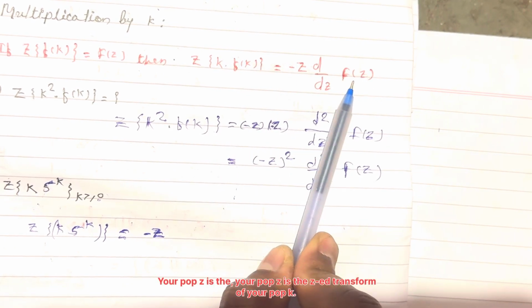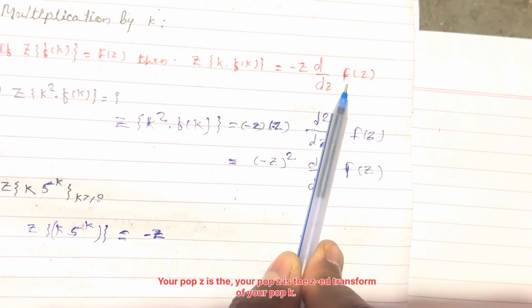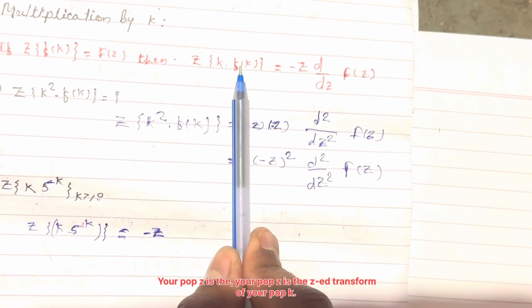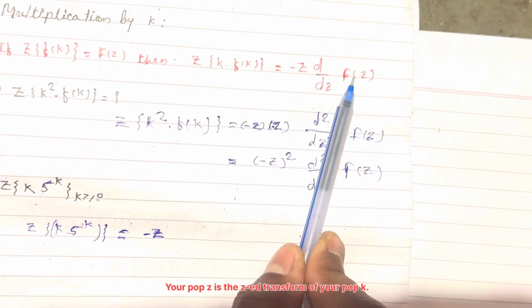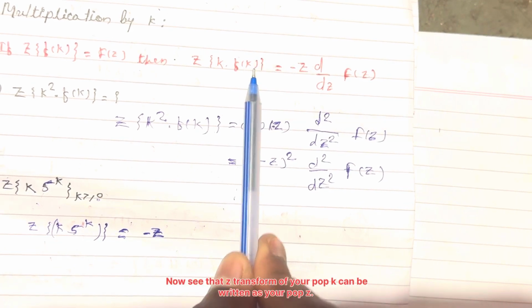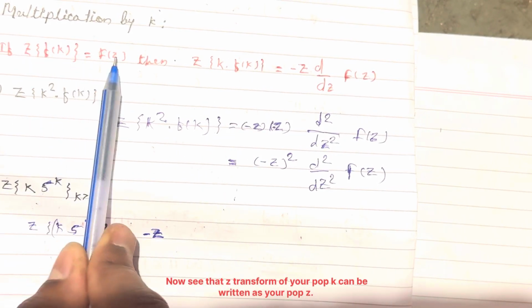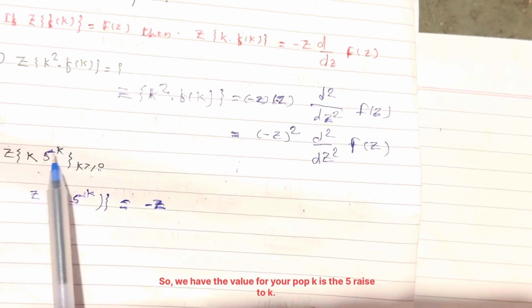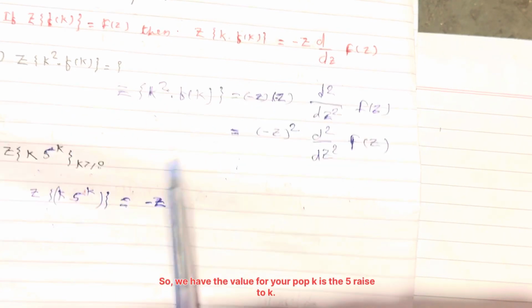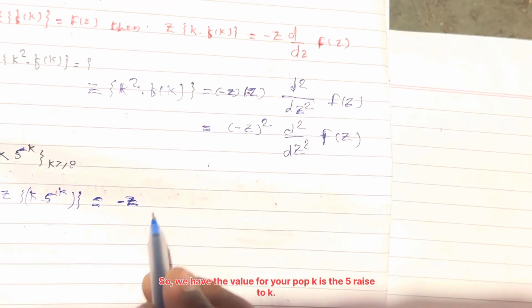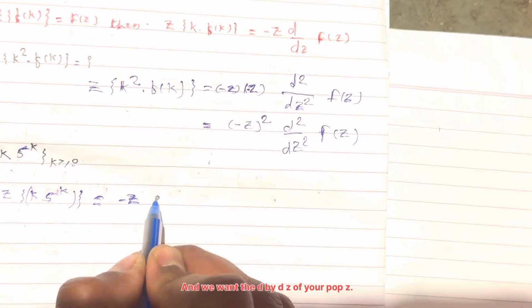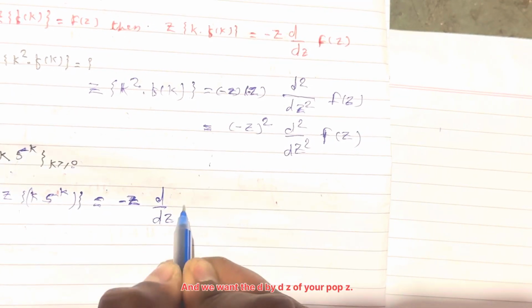F of z is the z transform of f of k. Now see that z transform of f of k can be written as f of z. So we have the value for f of k as 5 raised to k, and we want the d by dz of f of z.